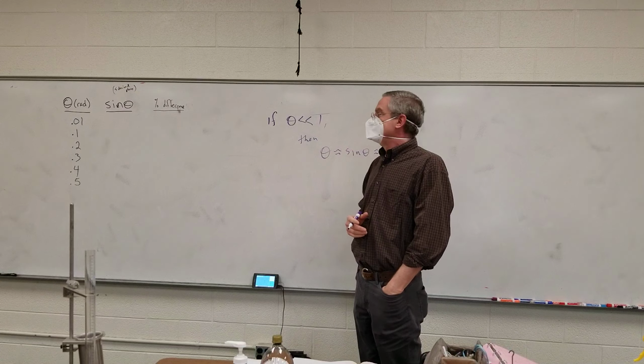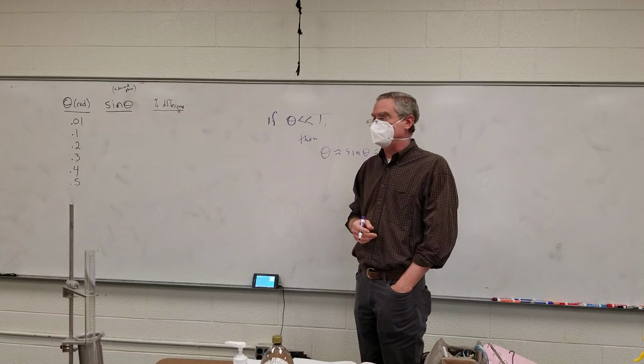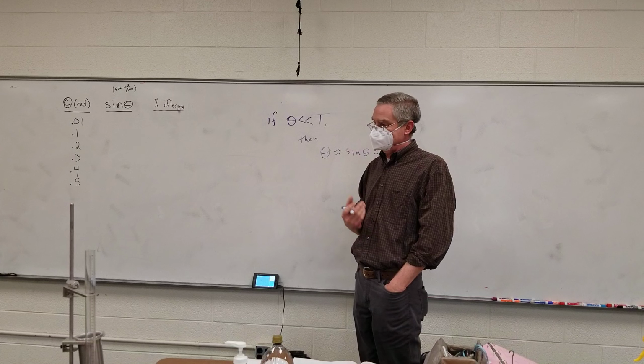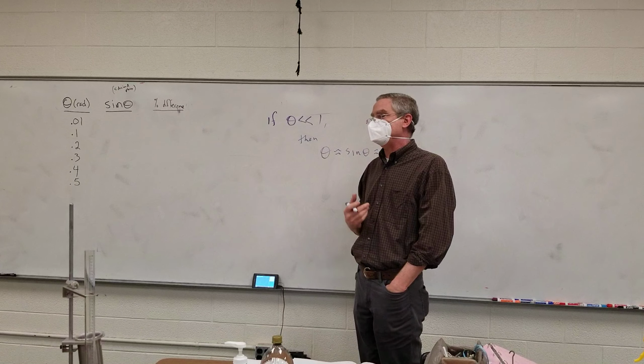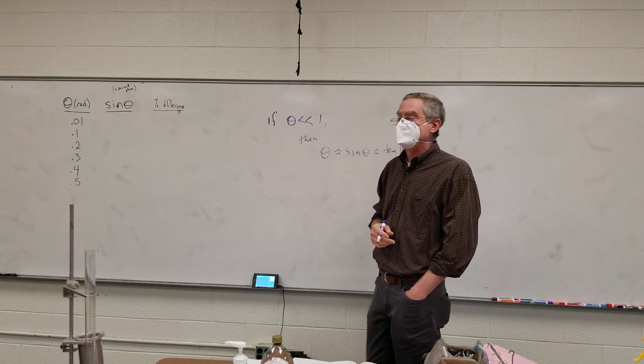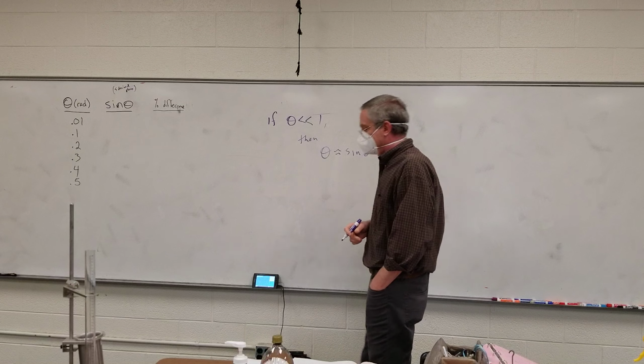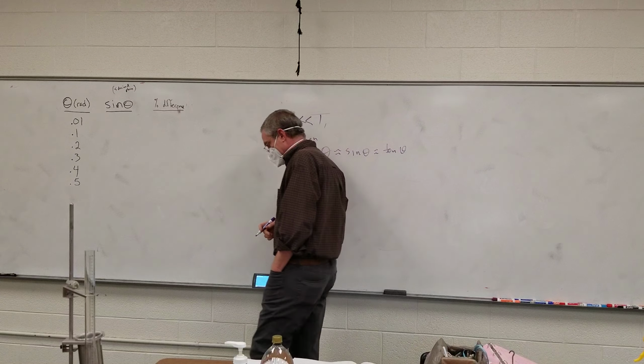If you're building something where being off by 10% is a life or death thing, then you probably should not use small angle approximation. If you're building a building with many factors of safety built in, I'm not quite sure where you'd use it, but you can probably get away with it in a couple of places.